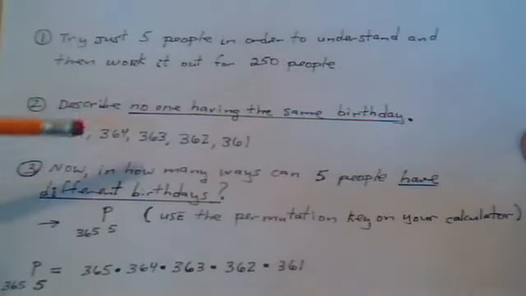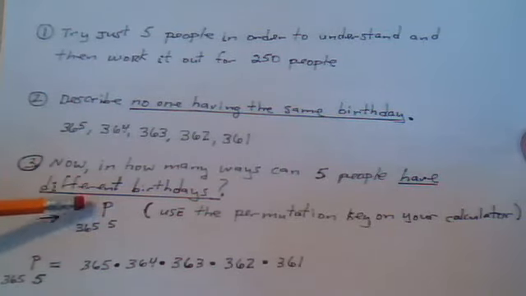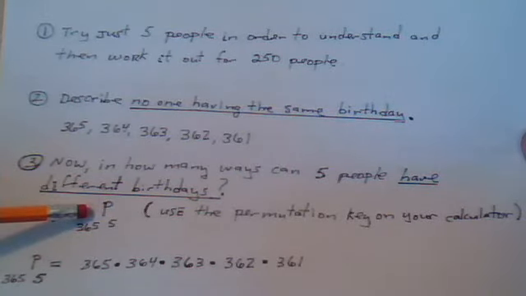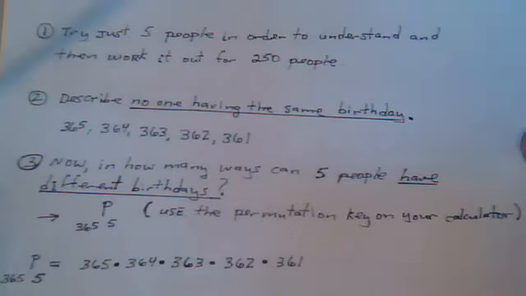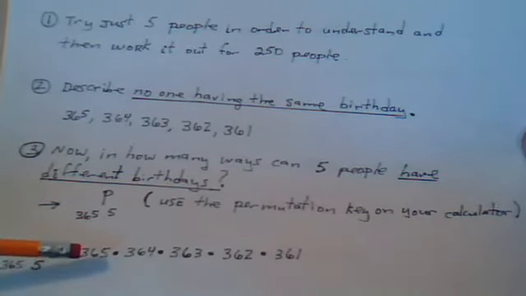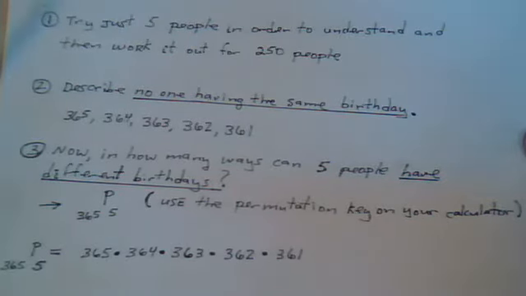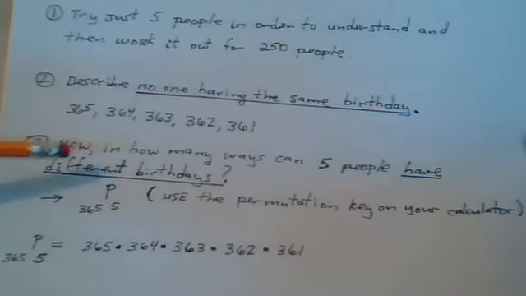Well, you could count that by using either the permutation formula and key it into the calculator, or permutation is a multiplication principle with no repetition. It sounds complicated, but just keep your eye on the numbers.